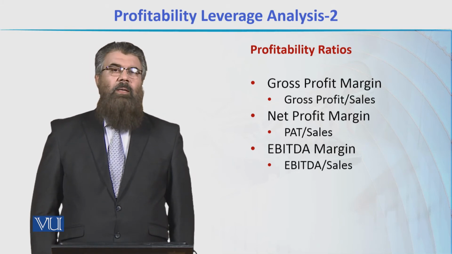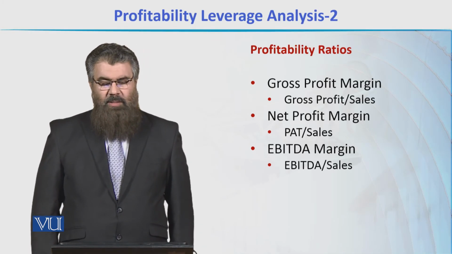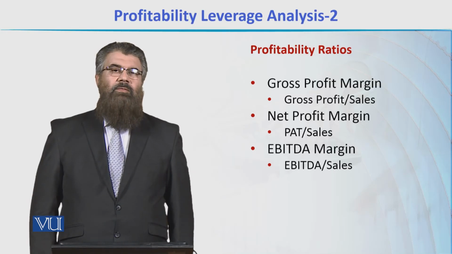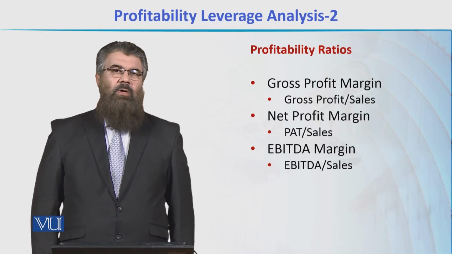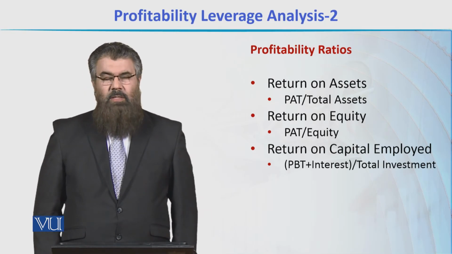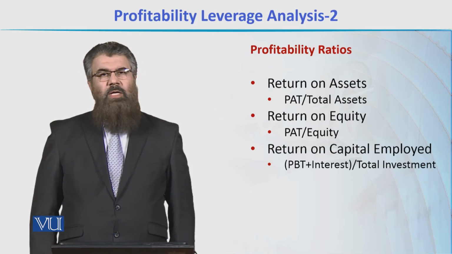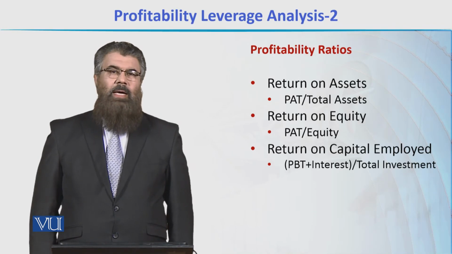So the formula is profit after tax divided by sales. And finally, in margin, we divide the amount of earnings before interest, taxes, depreciation, and amortization with sales to get this ratio.